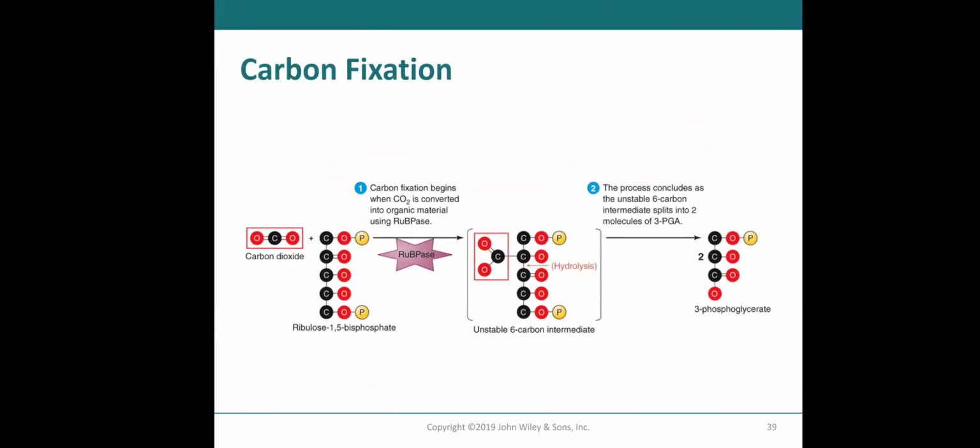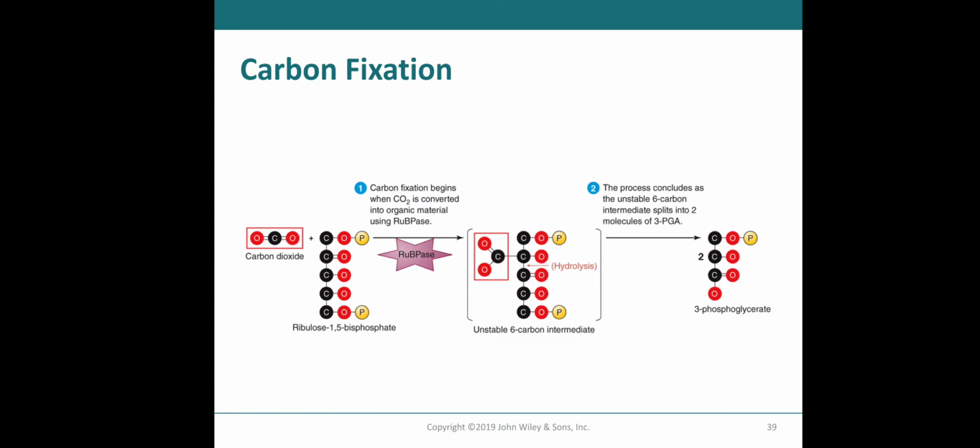And then the second part is the carbon fixation. This is sometimes called the dark reaction. In carbon fixation, you take carbon dioxide with the help of the enzyme RuBisCO, sometimes called rubisco. The carbon dioxide molecule will join with a molecule called ribulose 1,5-bisphosphate.